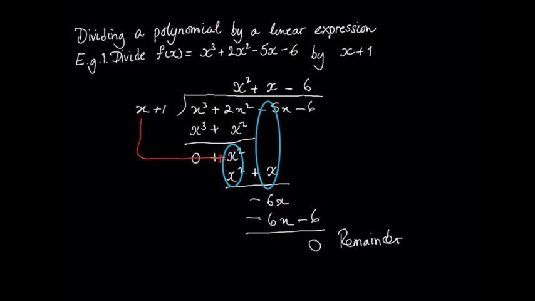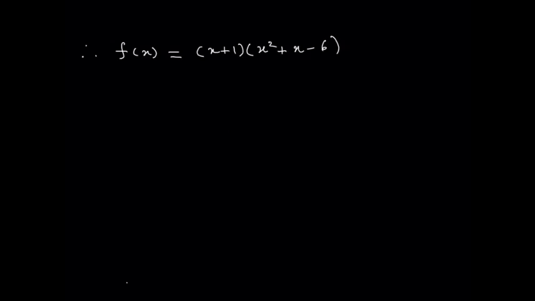So in fact, we can rewrite our function f of x as a product of the divisor x plus 1 and the quotient. So it'll look like this. f of x is equal to x plus 1 times x squared plus x minus 6. x squared plus x minus 6 will split into two linear factors, and we can write that as x minus 2 multiplied by x plus 3.